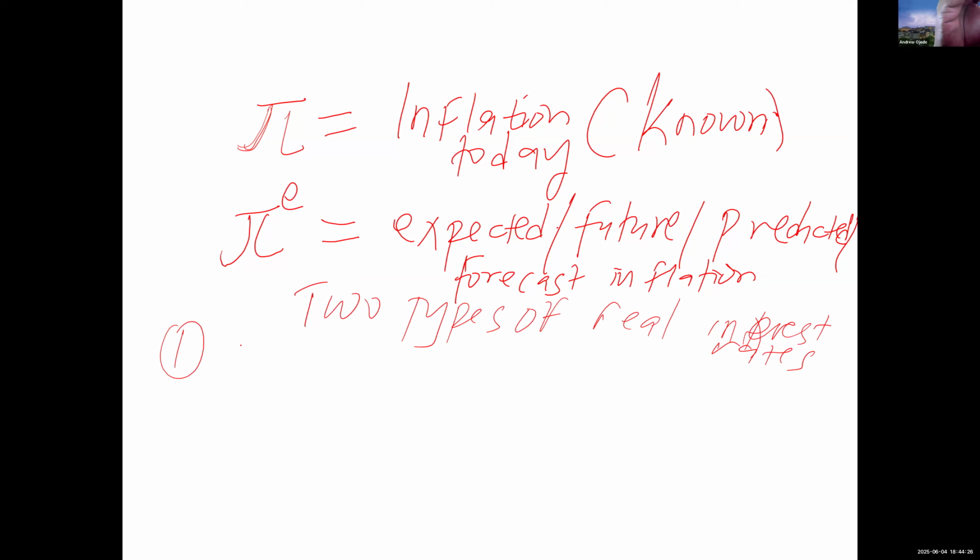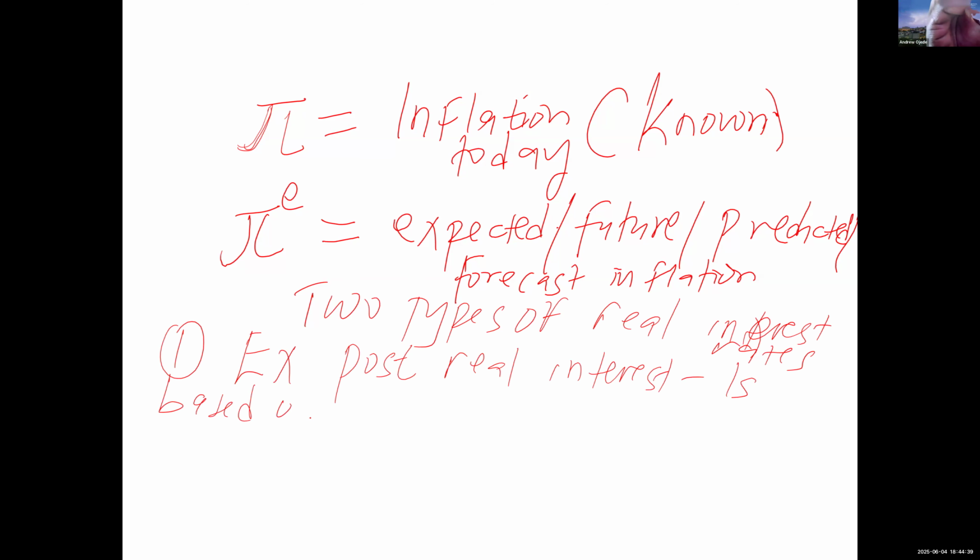One is what we're going to be calling exposed real interest rate, which is based on today's inflation, today's or past inflation. Today's inflation and past inflation, they are known. That's what we said.